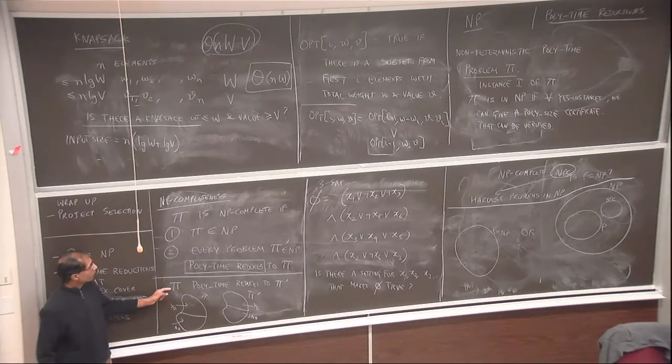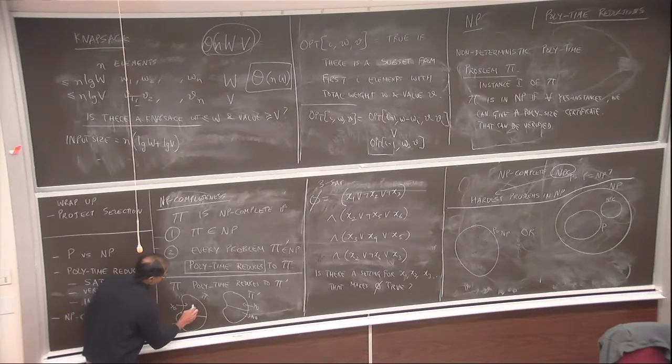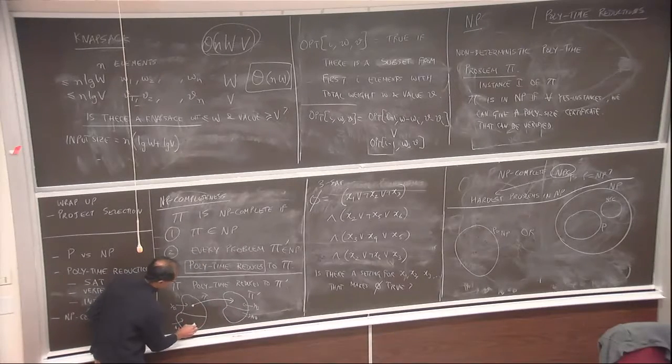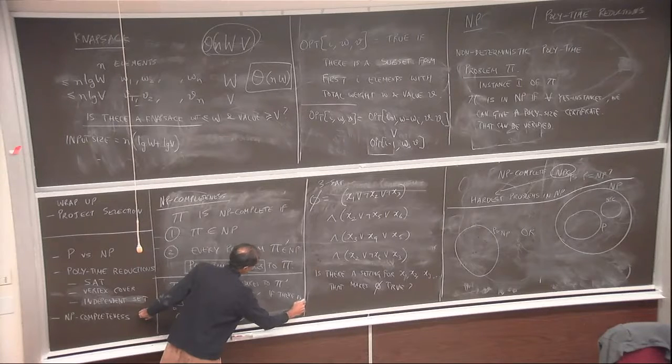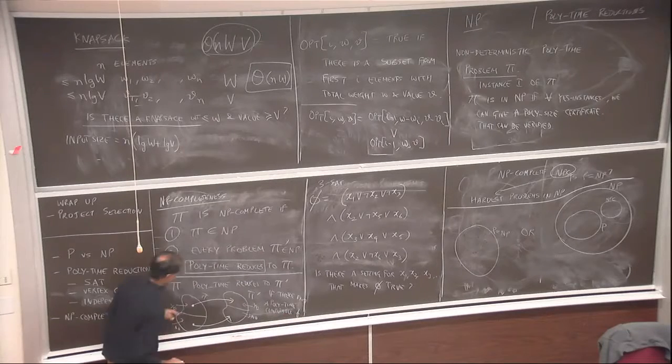So one problem reduces in polynomial time to another if there exists a polytime computable function f that maps yes instances to yes instances and no instances to no instances.